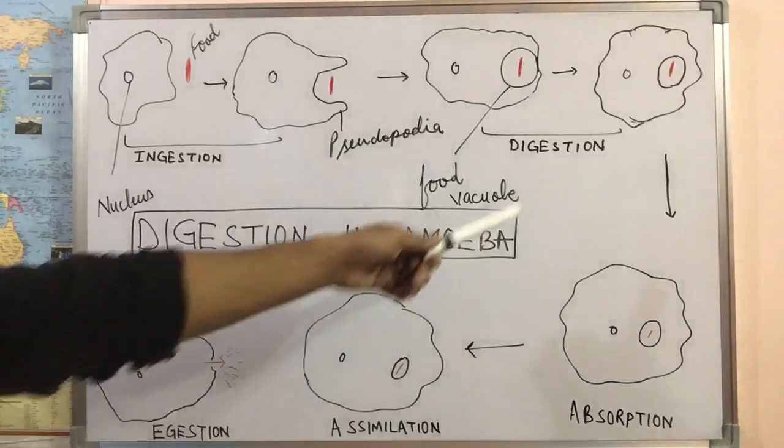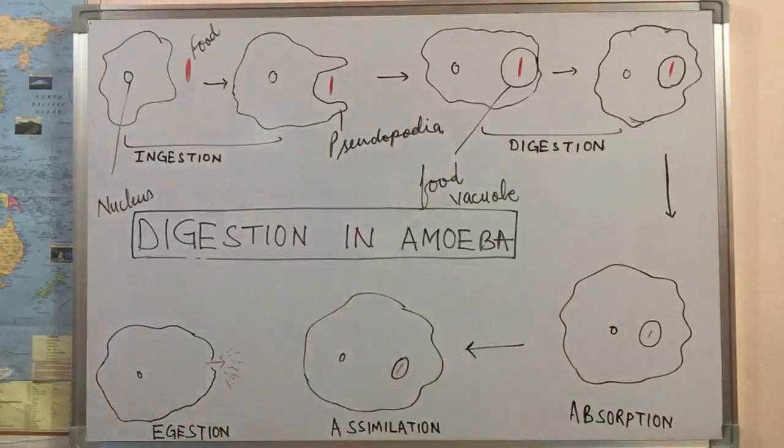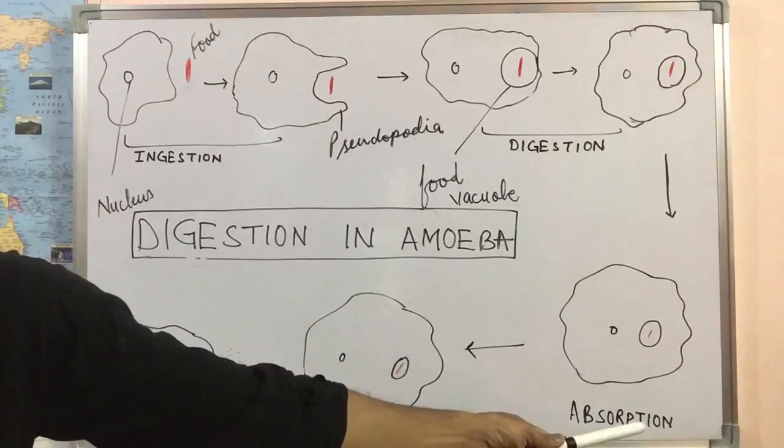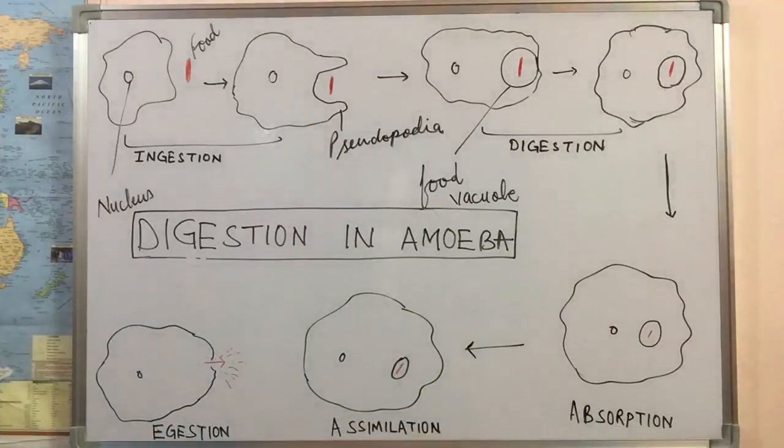The second one is digestion, in which the food is digested with the help of various enzymes. Then the third one is absorption. In absorption, the food is digested into simpler form and then it is absorbed, such as in the case of human beings, it is absorbed by the small intestine.